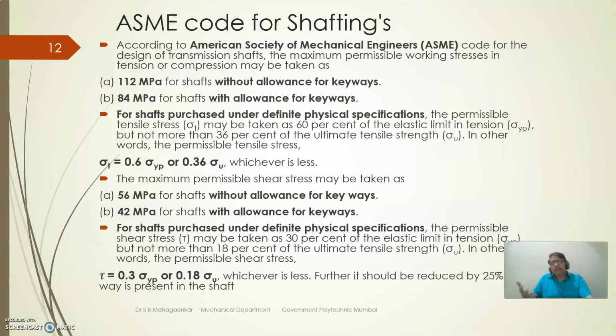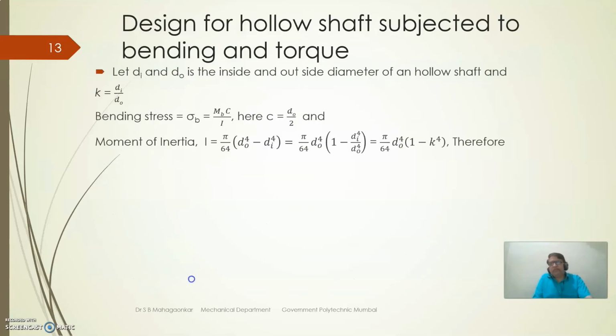That is the allowable stress for the shaft having a keyway. Without a keyway, you can take directly whichever is the lesser value, and use it as the allowable shear stress for the shaft without keyway.